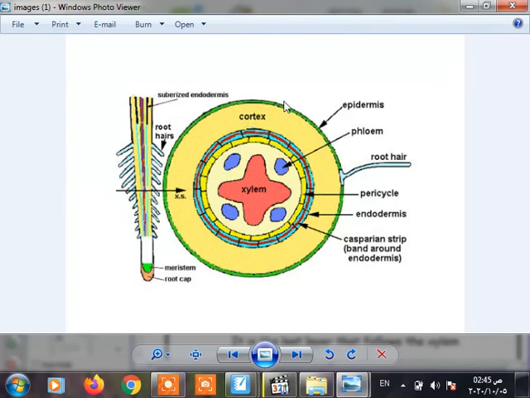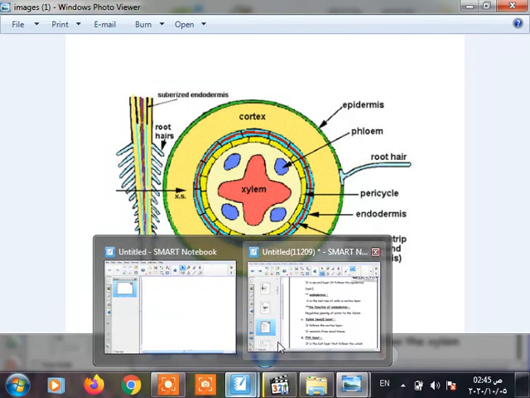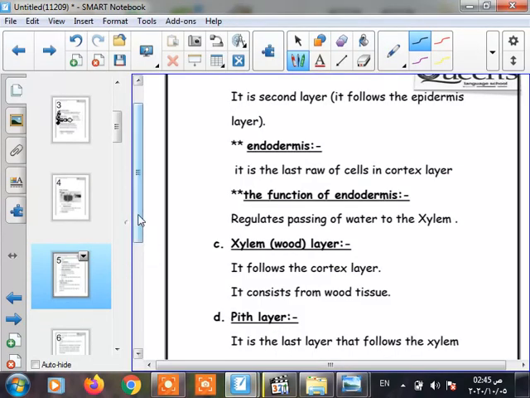So the hair branches or extends from the first layer in the root, which is the epidermis. So when I say the root hair extends from the root, it is especially from the cells of the epidermis.